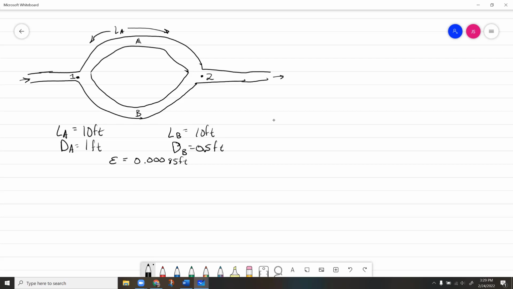And then we'll just go ahead and calculate some stuff together. We will do the area. We'll do the relative roughness. And then we'll go back to the area over here, and the relative roughness for this pipe.